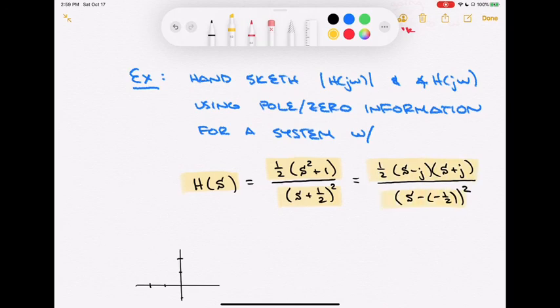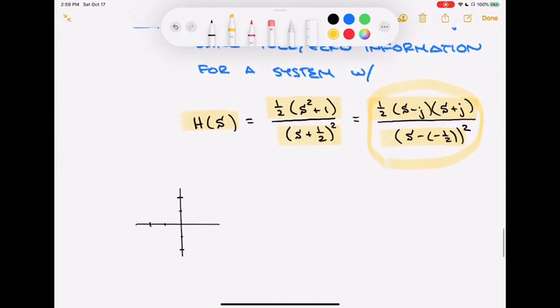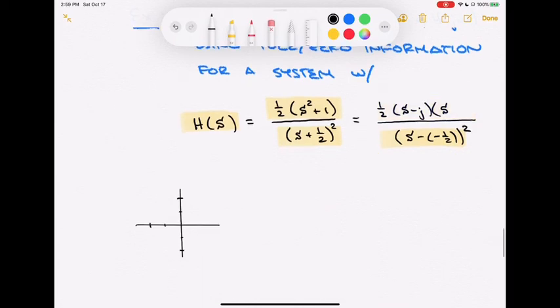That means there's a pair of poles at exactly the same location. So this is that factored form. If I was going to be completely correct here, maybe I would write s minus of minus j on that one, just so we can easily tell where the poles and zeros are.